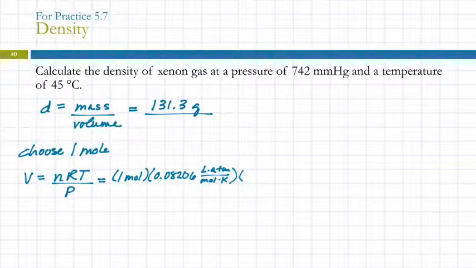So they gave me a temperature of 45 degrees Celsius. What do I need to do to that? I need to put it into Kelvin. So I'm going to be sloppy and just do it that way. Check me on my math there. I did that in my head. 319 Kelvin.